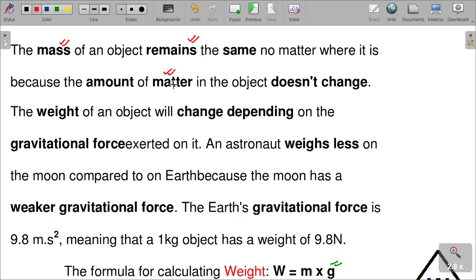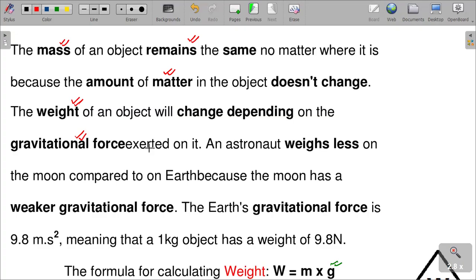The weight of an object will change depending on the gravitational force exerted on it.